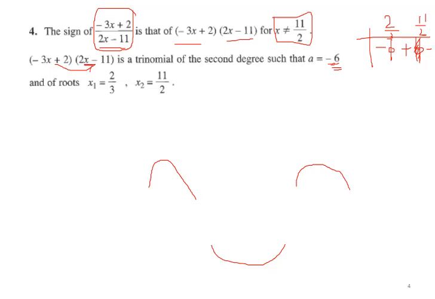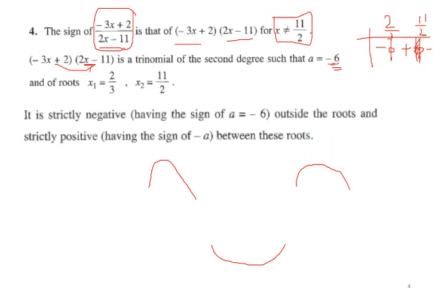If you put them together, as if they are multiplied, pay attention, okay? We get that a equals minus 6, which is negative. So in this case, it's going to be negative outside the roots and positive inside the roots.